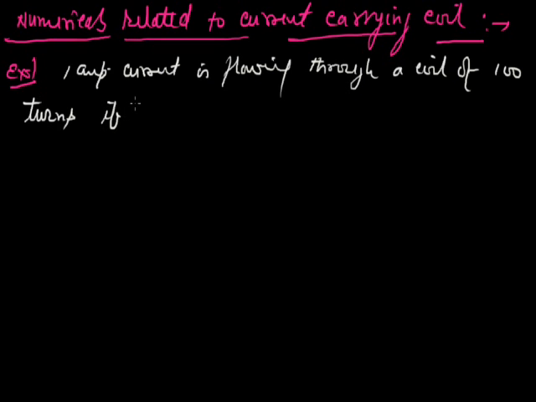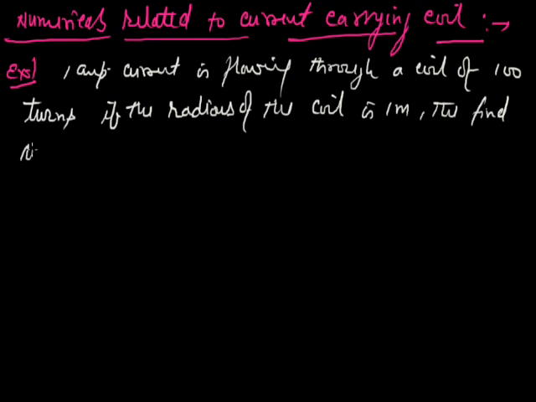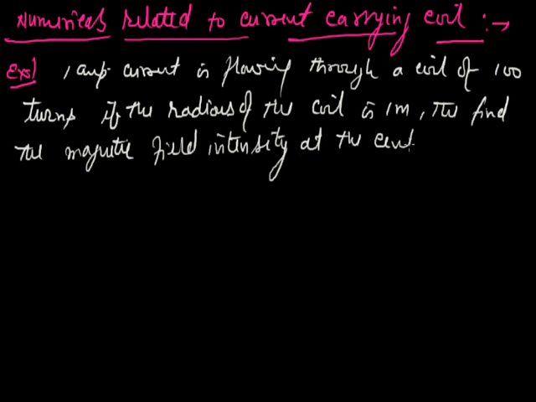If the radius of the coil is 1 meter, then find the magnetic field intensity at the center of the coil.